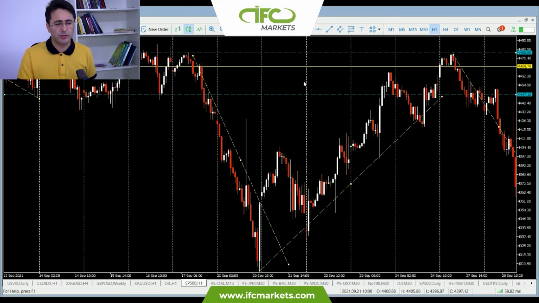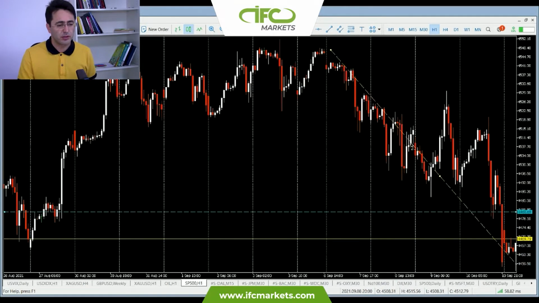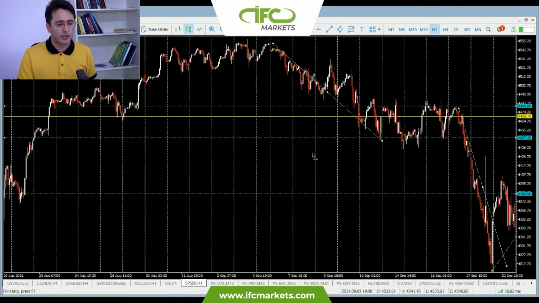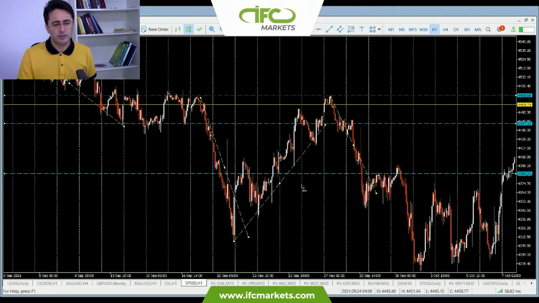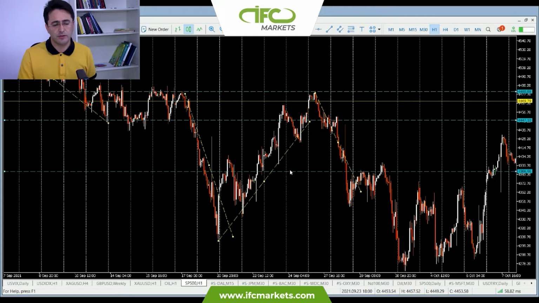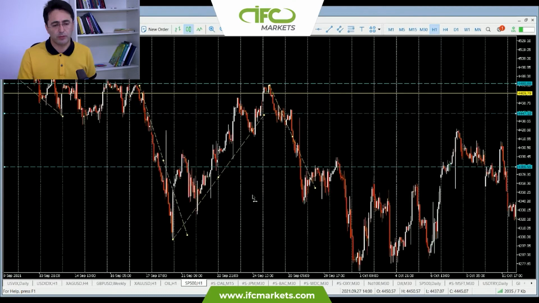You can see this level was tested before as well. So this is again creating the resistance level and support level here.